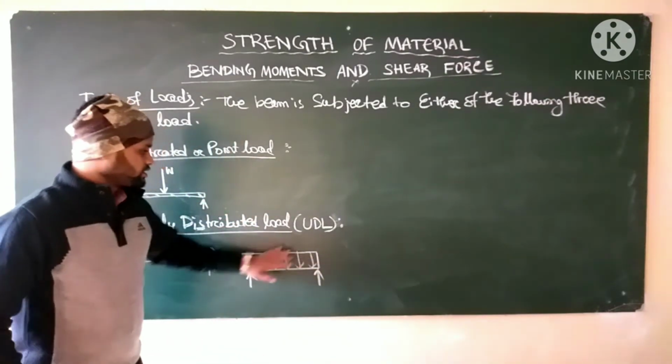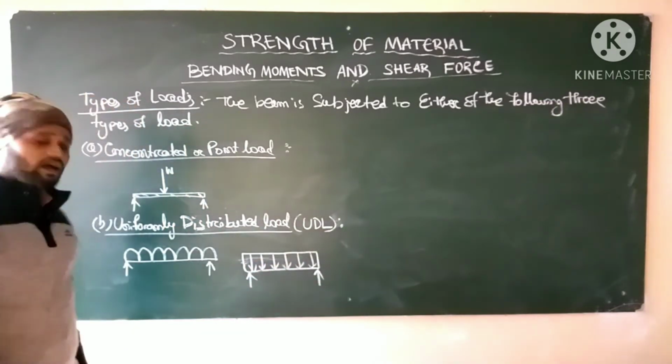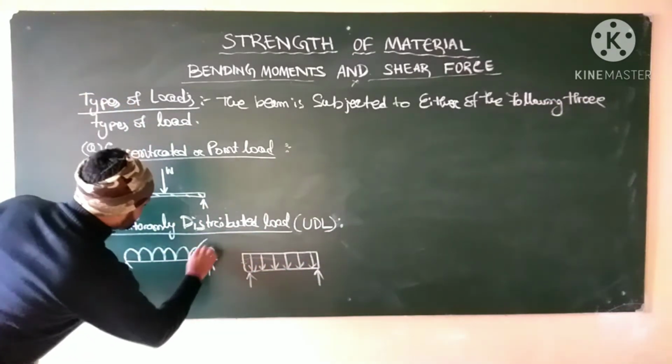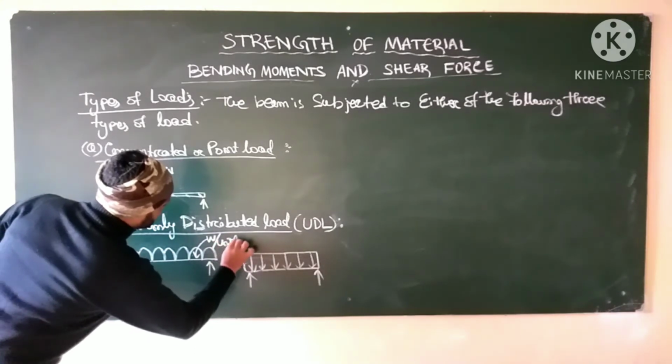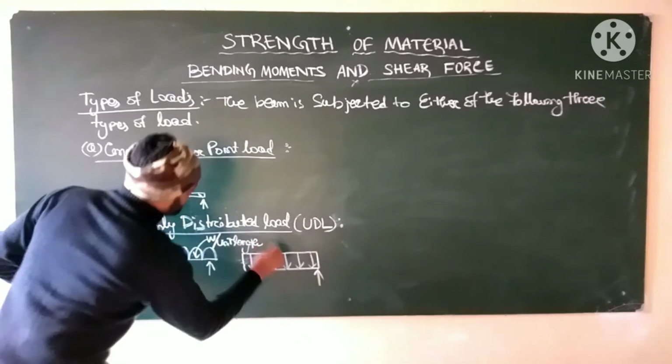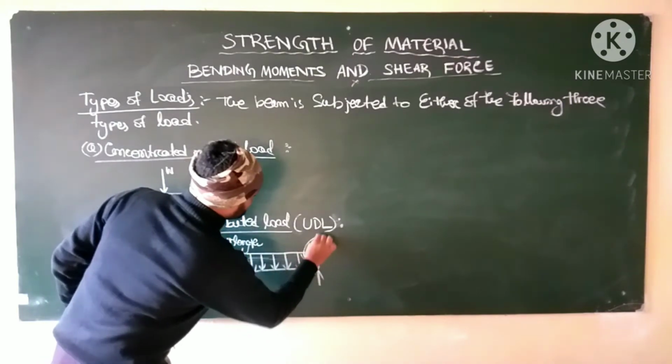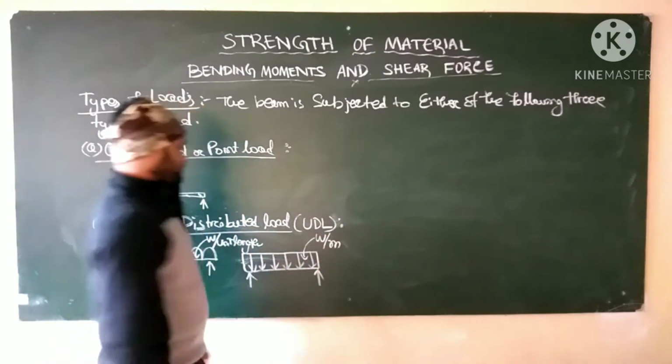Here also the load is uniformly distributed along the beam. So here the load is W per unit length, or you can say W per meter.